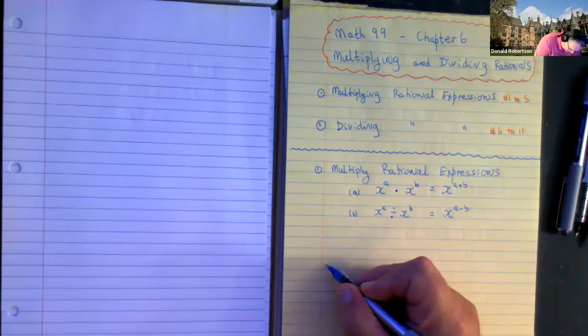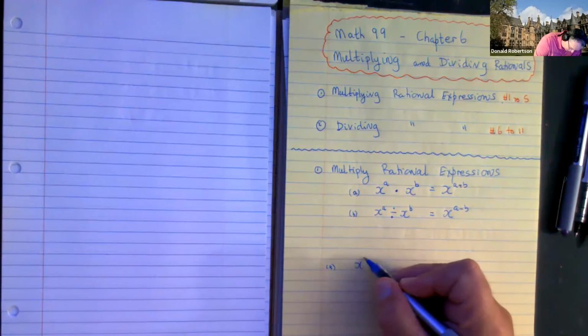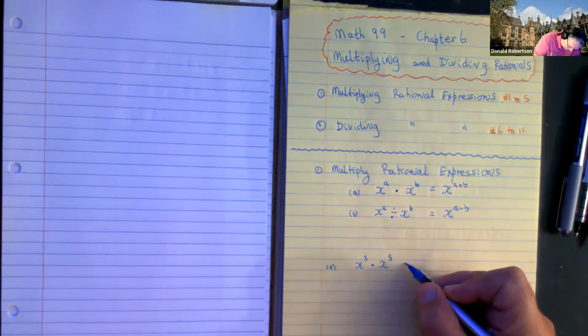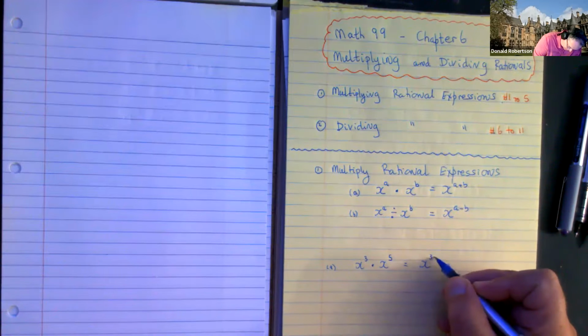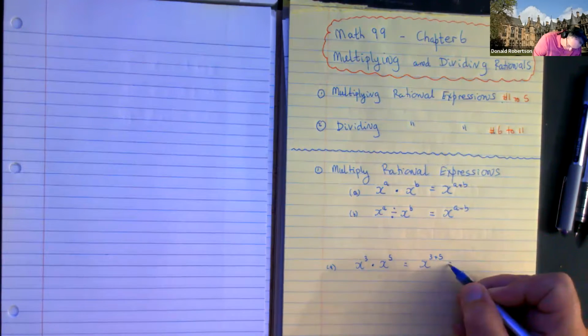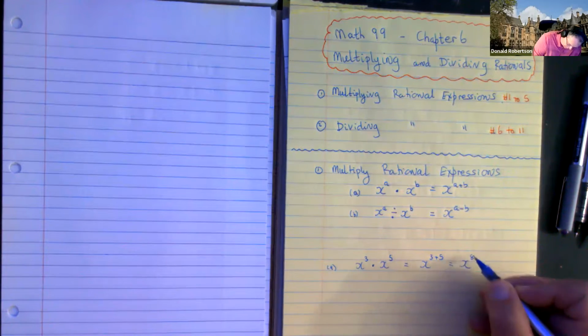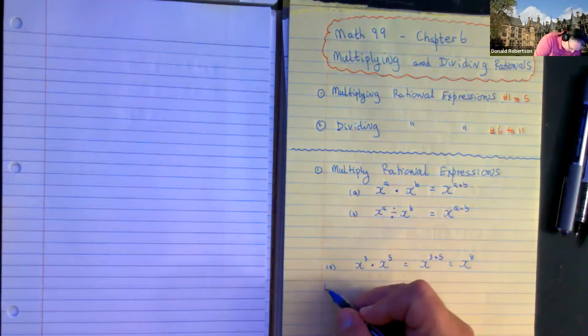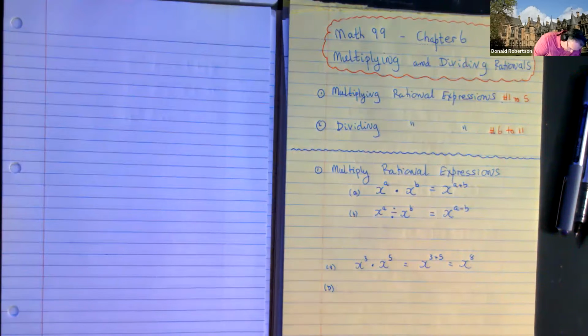An example of a might be x cubed times x to the 5. And when you multiply those two together, the single power of x you get is x to the 8. Not 3 5s are 15, but 3 add 5 is 8. And let's take an example of b.